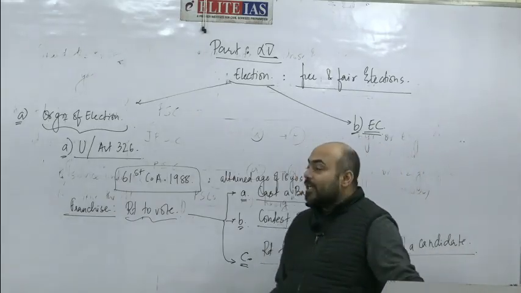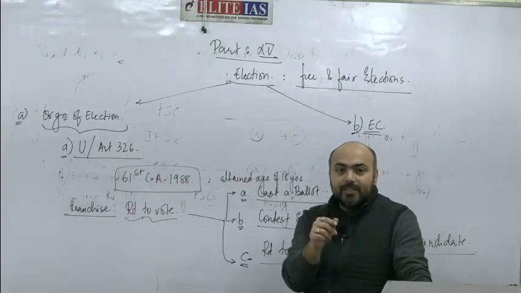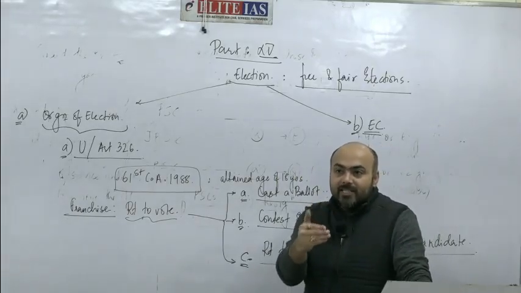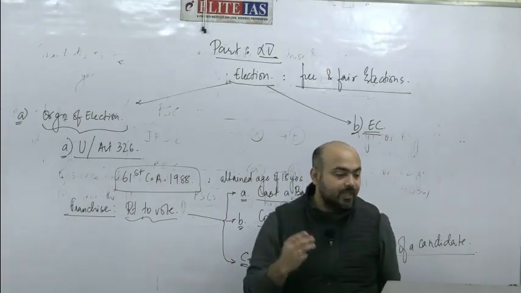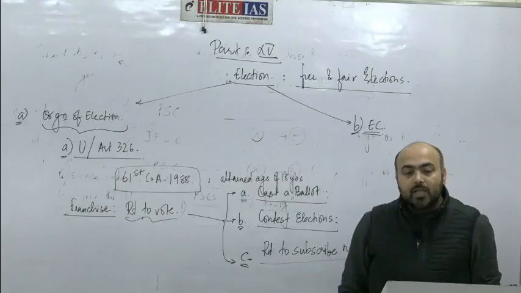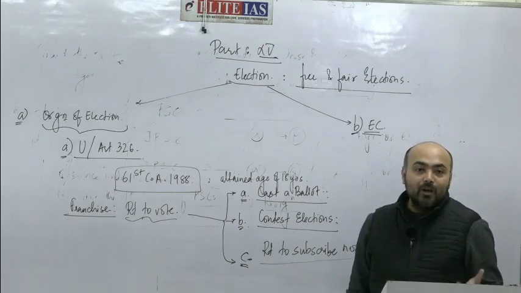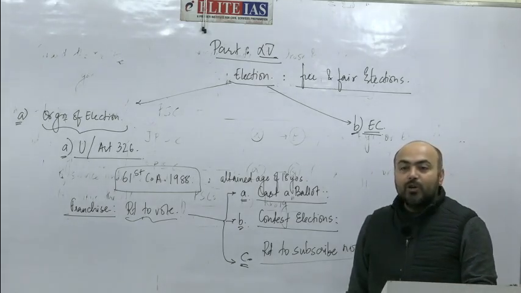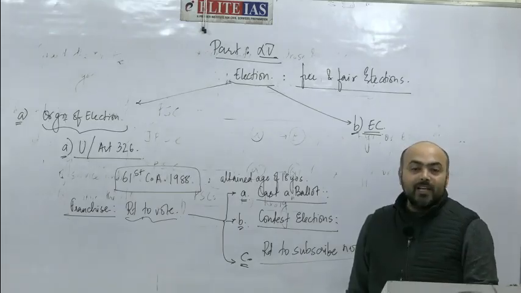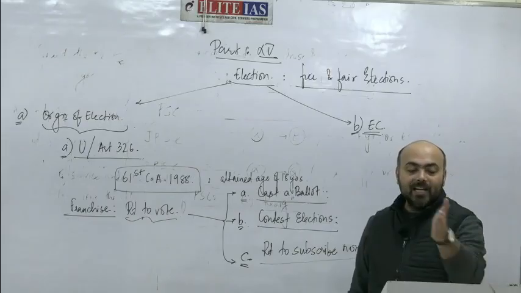So we are talking about organization of elections. All these ideas that we are discussing are the principles used for organizing the elections. 327. See, gender is more of a social idea. Sex is more biological. Gender is a social idea. Clear? When it comes to biological, obviously there is a difference between male and female.